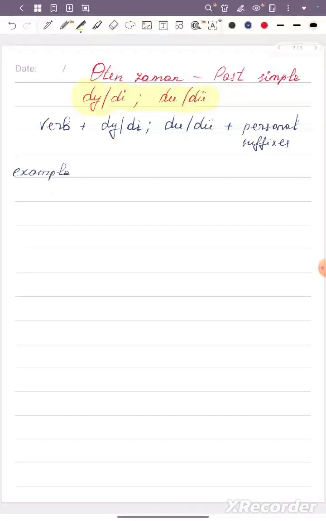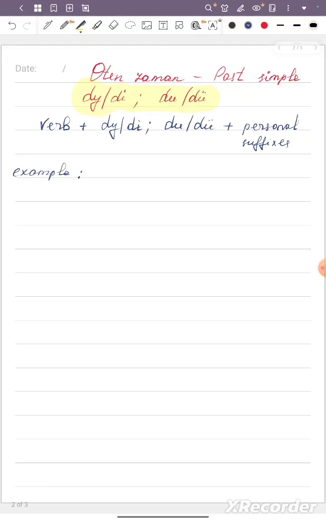So here, first of all, we need to have a verb. Then after the verb, we need to add one of the four suffixes, di or do. And after that, we need to add a personal suffix. For example, let's take a verb, to study or to read.